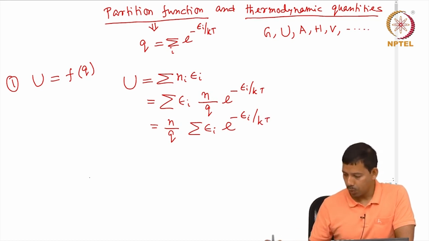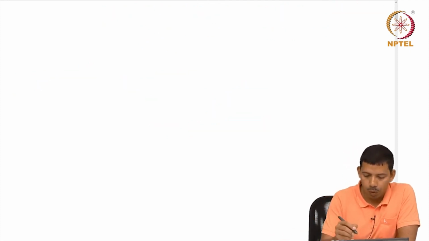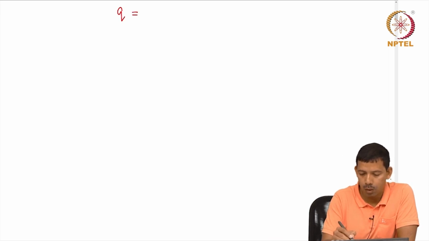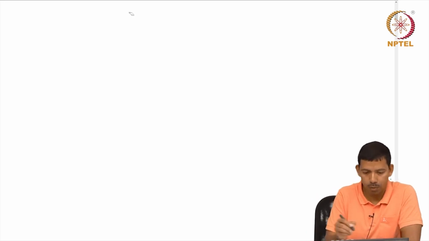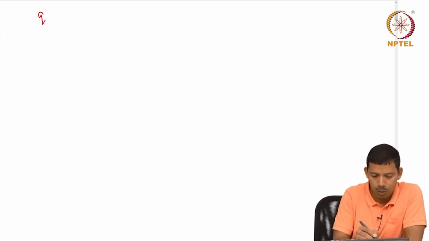Now, you also know that Q is equal to the sum over i of e to the power minus epsilon i by kT.